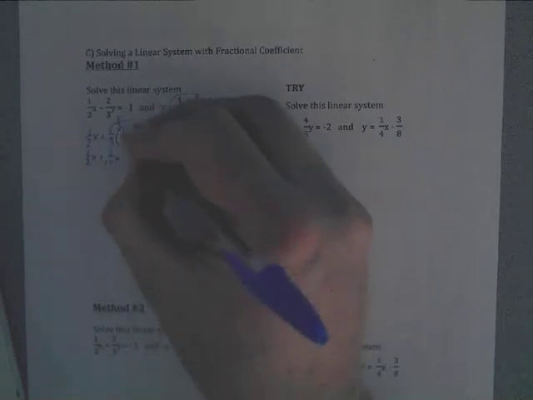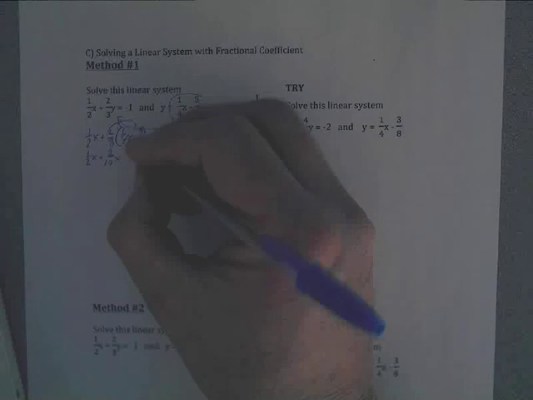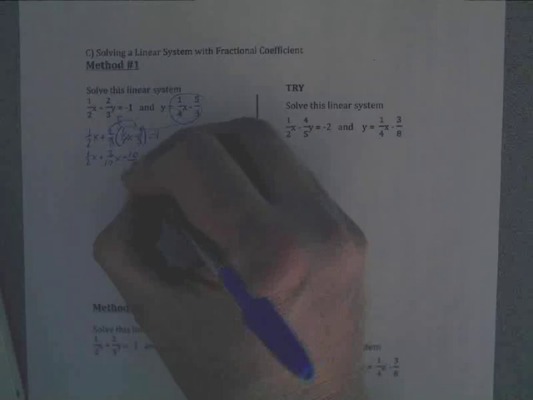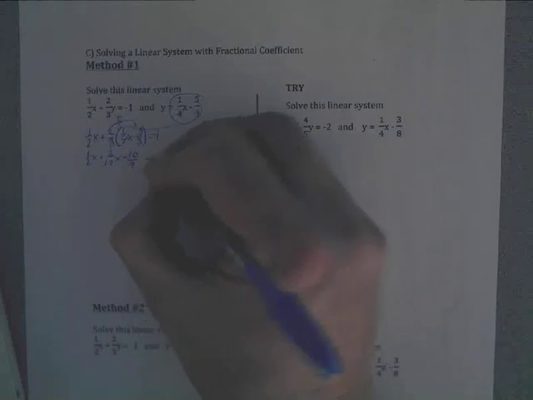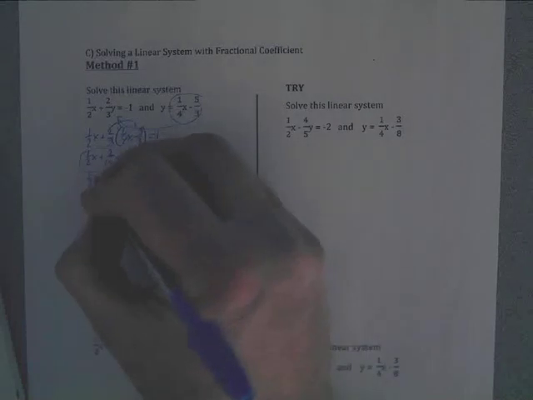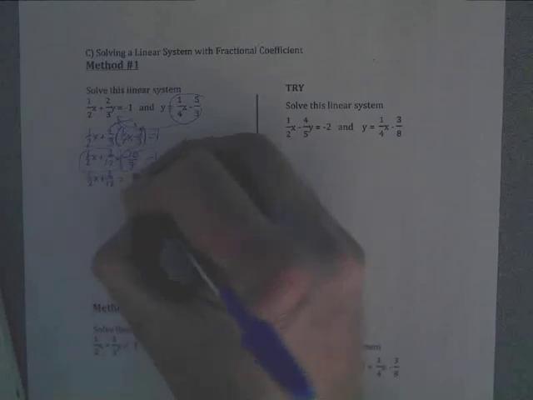Multiply it in and multiply that in, and here I get -10/9 is equal to -1. Keep my x together, throw that on the other side. So I get 1/2 x plus 2/12 x is equal to -1 plus 10/9.